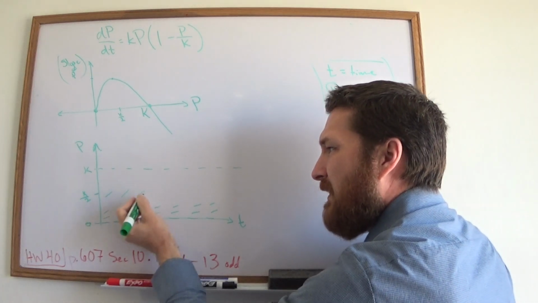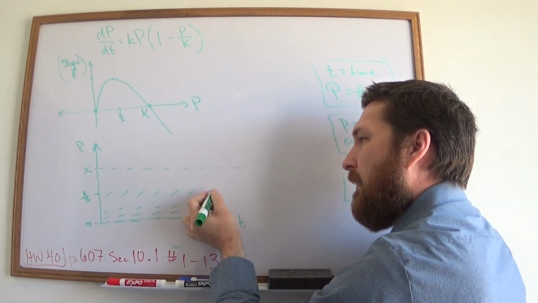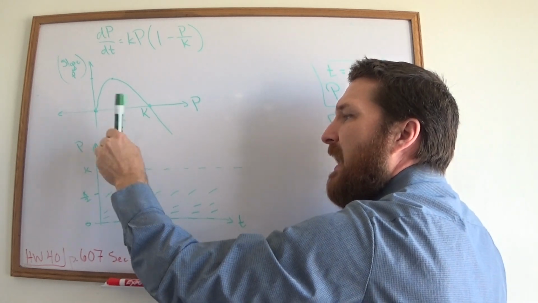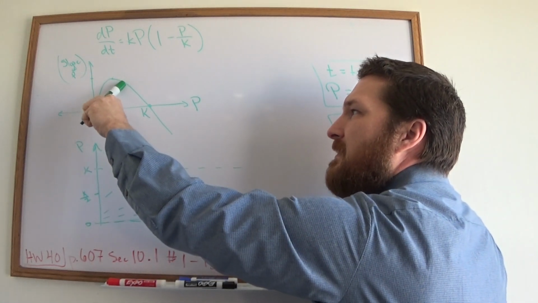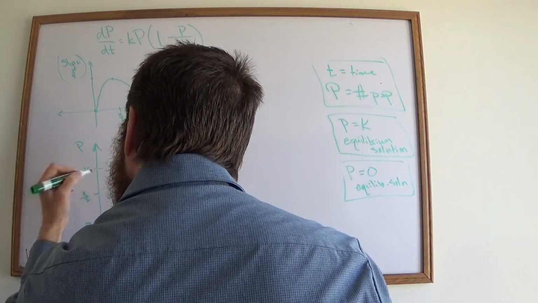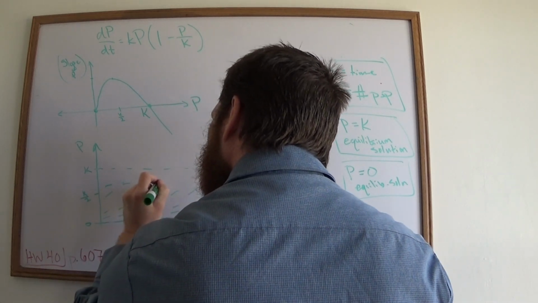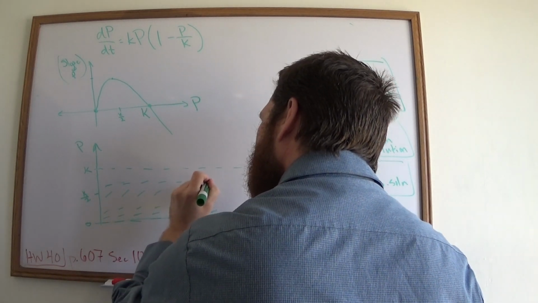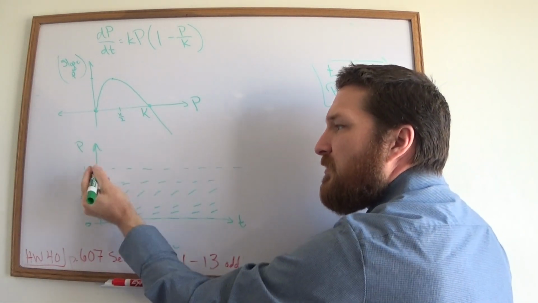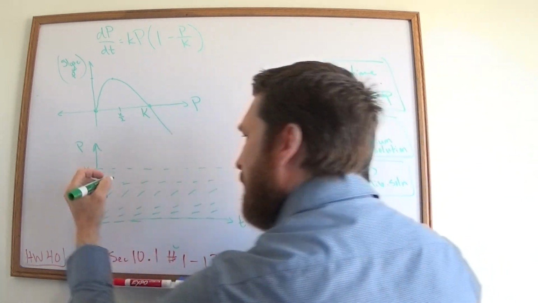More positive than anything below it, right? Okay. Now we're between k over 2 and k. The slope is a little bit smaller, and so it comes back down a little bit, like that. And then finally, as we get closer and closer to k, it's almost flat. Oops, that doesn't look right.